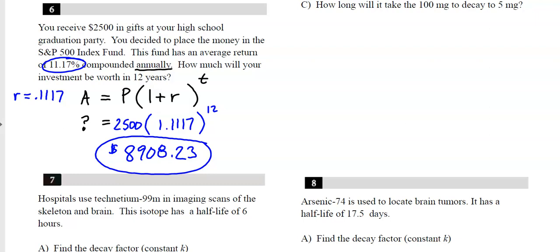Now, just for giggles, I'm going to punch in here 2,500 times 1.1117. And let's just do something crazy like 50 years. So say you want to take it out at 68 years old. You'd be like, man, what's that grad present worth now? You'll be pretty amazed.